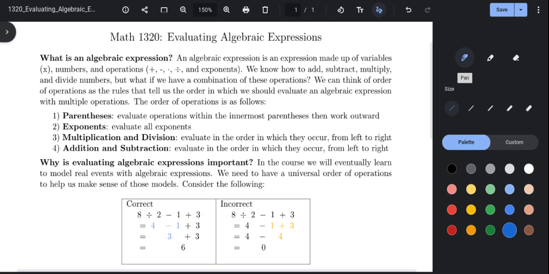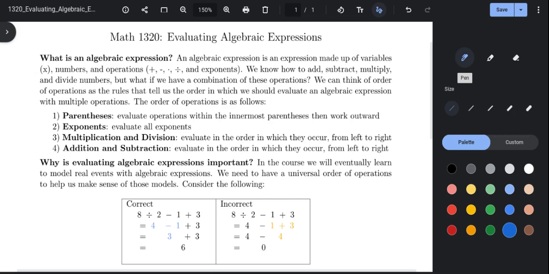But what's special about an algebraic expression is that instead of just adding, subtracting, multiplying, and dividing different numbers, we also have variables in there as well. And variables represent an unknown value. So here you can see that a variable could be x, but it could be any letter of the alphabet.